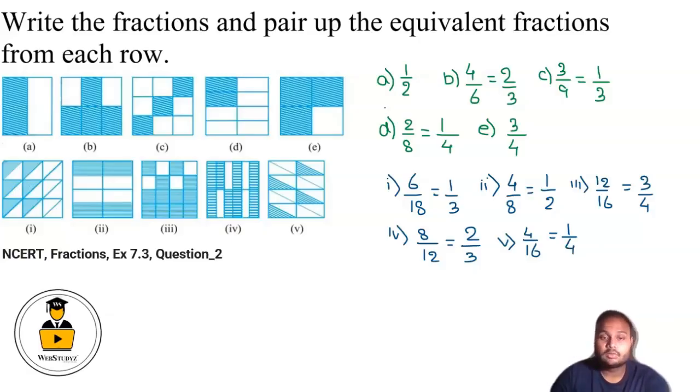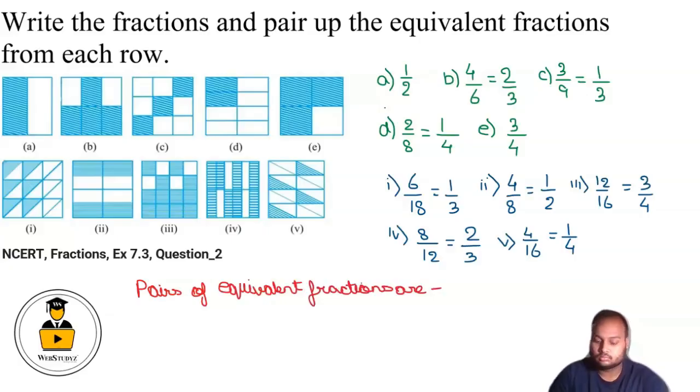So the pairs of equivalent fractions are, so first one, from the A part we have 1 by 2, and from the downward row we have the second part, which is also equal to 1 by 2.